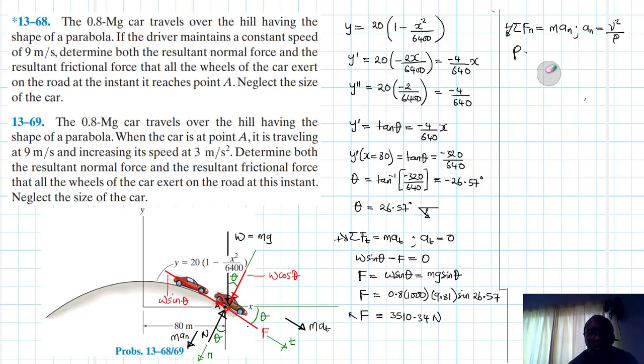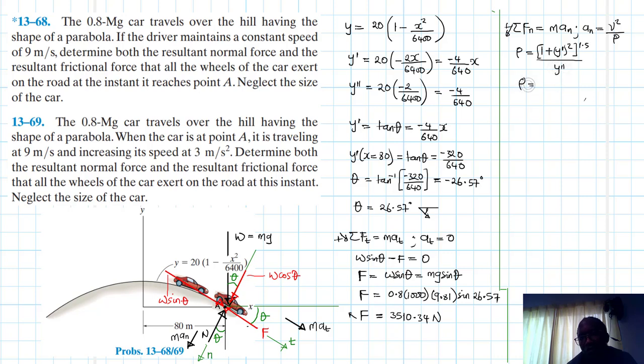By just using the equation of curvature, rho is equal to 1 plus y prime squared, everything to the power 3 over 2, or 1.5, divided by y double prime.